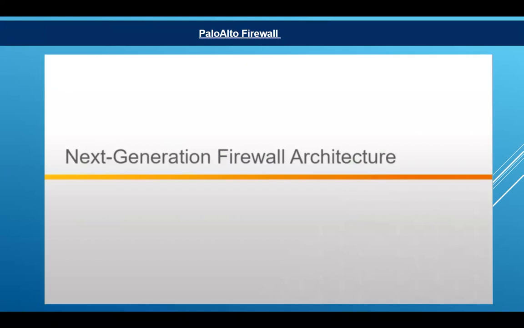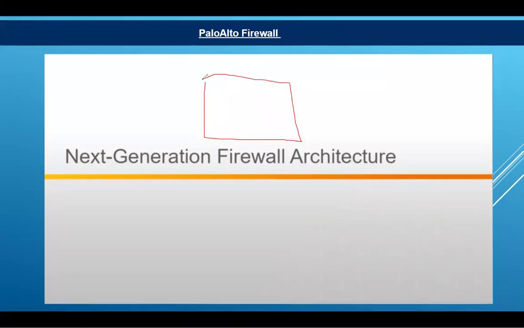So guys, if you are talking about a Cisco router or switch, what happens in that? If we talk about its hardware architecture, we have one CPU and one RAM.